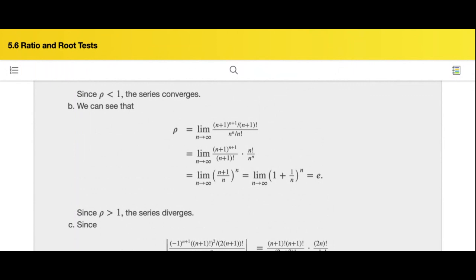I'm not sure how you reduce from line 2 to line 3. From line 2 to line 3? Oh, okay. Let's do the calculation. So we have n plus 1 raised to that. Let's go to the whiteboard. That's algebra.